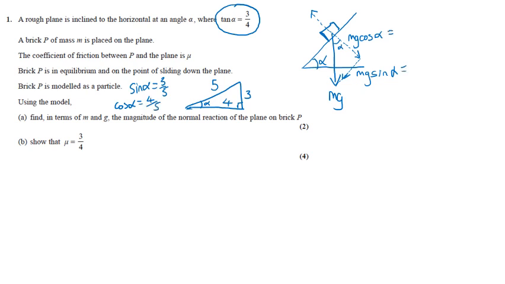Okay, so let's add these to our diagram. The component of the weight acting into the plane is just 4/5 mg, and the component acting parallel is 3/5 mg. Right, now that we've got a diagram, we can answer these other two questions quite quickly.